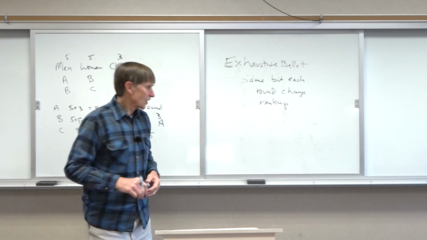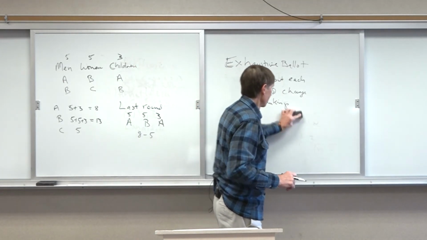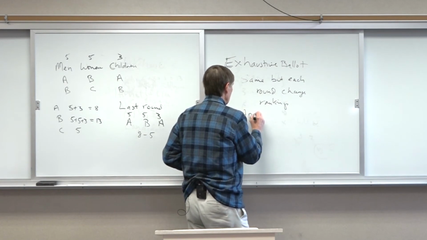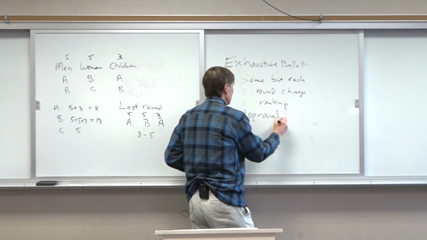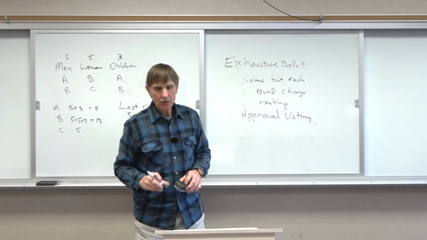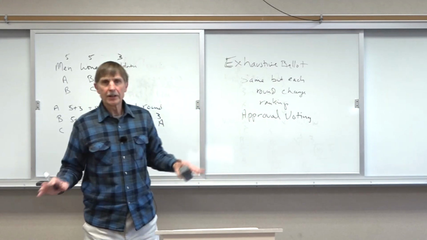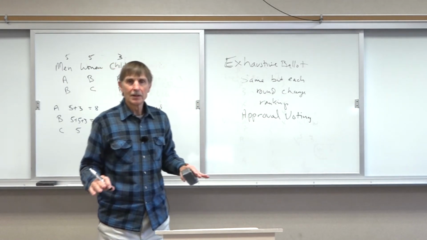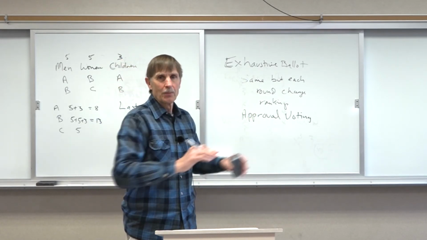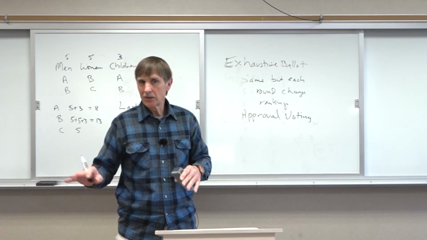All right. So another way of doing this is what's called approval voting. The way approval voting works is that you vote for all the candidates that you want, those candidates you approve of. If there are some candidates you don't really like, you don't vote for them.